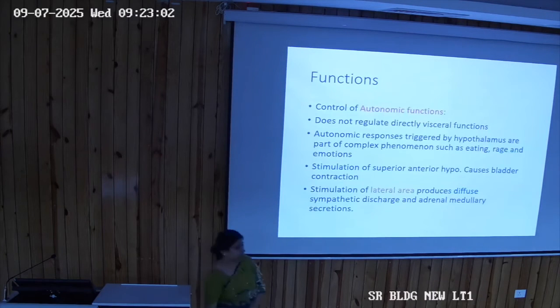Autonomic functions. How is it going to affect the autonomic nervous system? Through the brainstem and spinal cord. For any activity, what reaction comes? Either sympathetic or parasympathetic will come. Associated with this is the Papez circuit. Papez circuit is responsible for memory and emotion. If we are talking of memory and emotion, the memory will be a happy memory or a bad or sad memory.